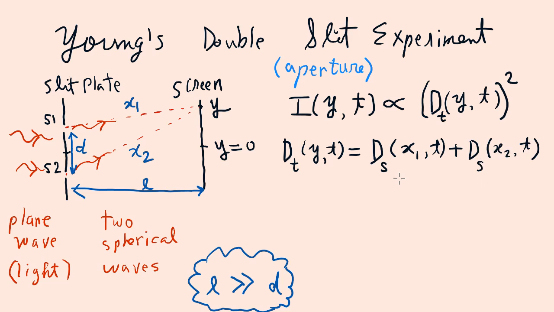What do I mean by these two spherical waves being very similar to one another? One thing that I didn't quite say in this lecture so far is that the light that's on the left of the slit plate must be coherent.